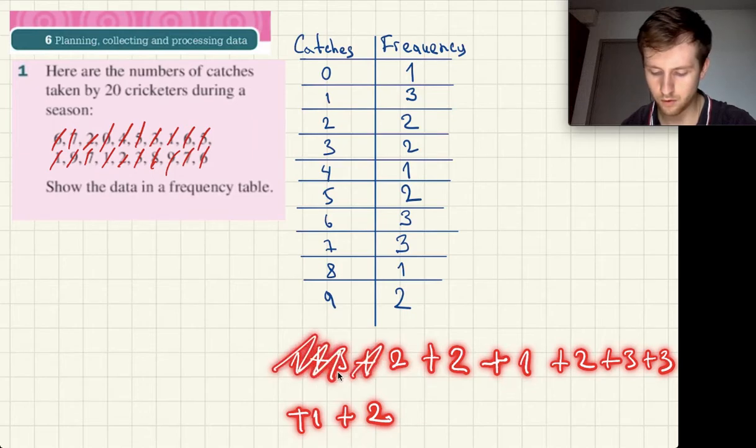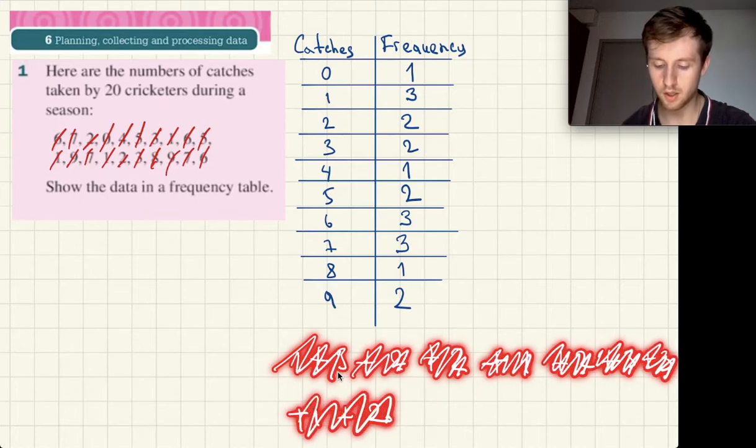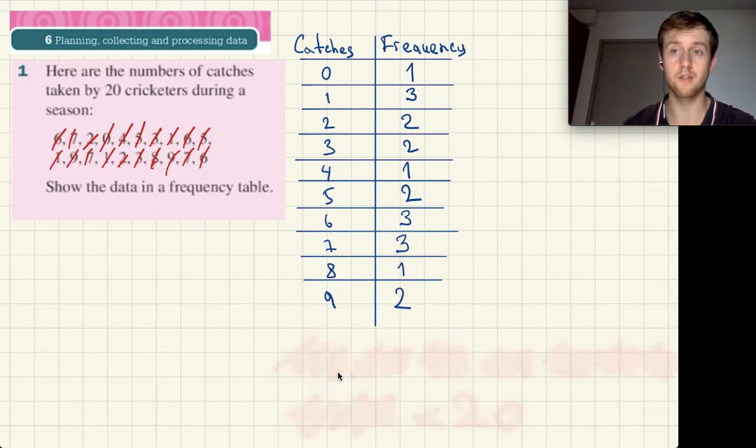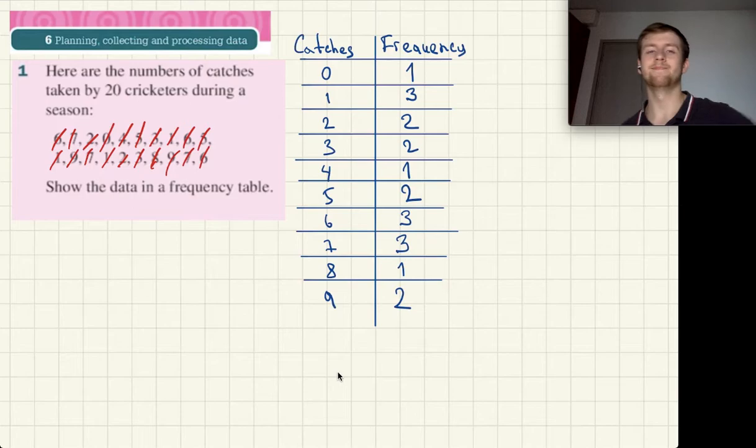This is 4, 6, 8, 9, 11, 14, 17, 20. So the answer is 20, which means we are right because there are 20 cricketers.